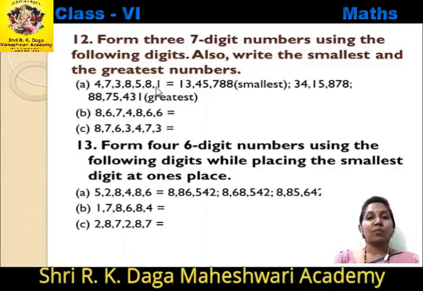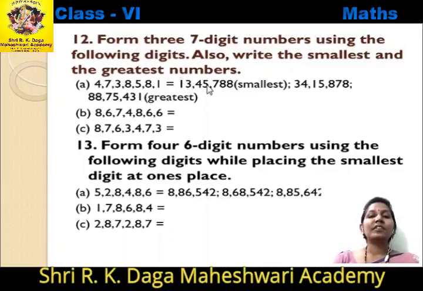We have to form the smallest number. To form the smallest number, we will arrange these digits in ascending order, that is from smallest to greatest. So we will write 1, after that 3, then 4, then 5, 6 is not there, so we will write 7, and this 8 comes twice, so we will write 8 2 times.